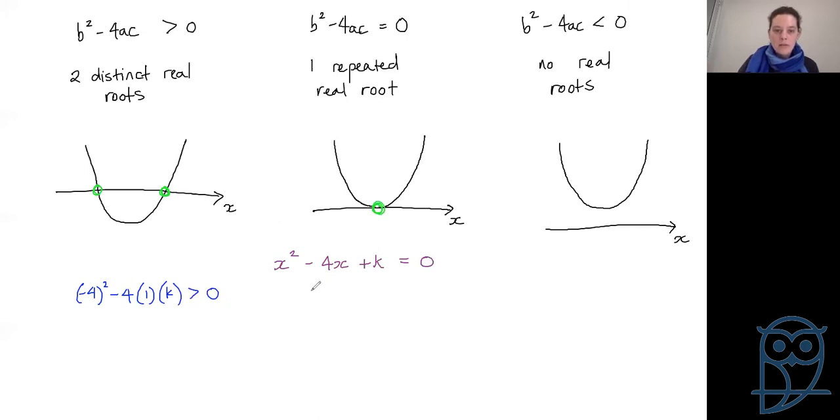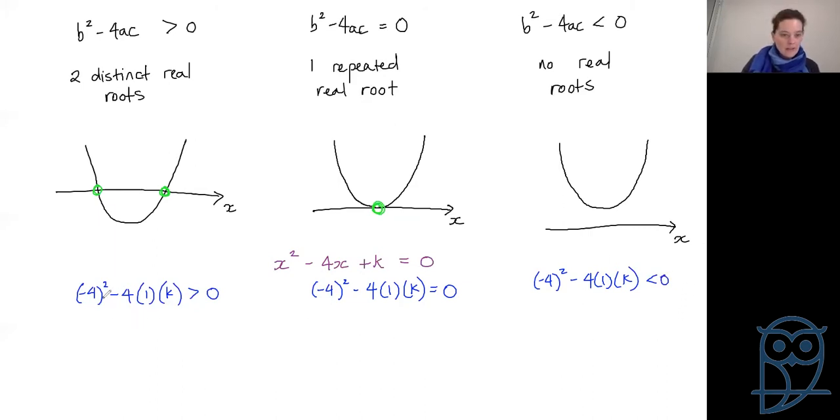Here, we would get to one repeated root. So we would have minus 4 all squared minus 4 times 1 times k, so b squared minus 4ac, but it would equal 0. And in the last one, we would have minus 4 all squared minus 4 by 1 by k, still b squared minus 4ac, but now it is less than 0.